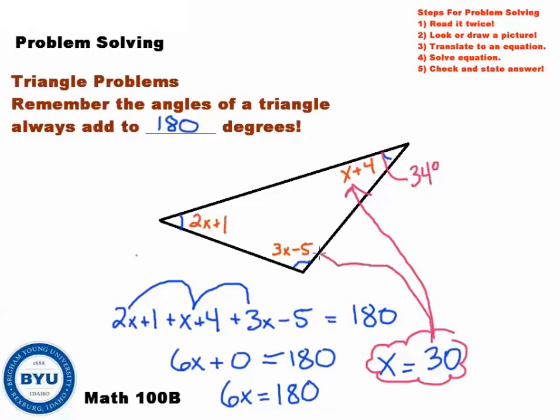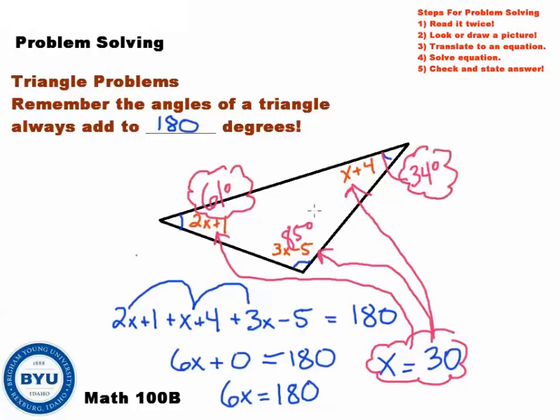And if we came to this one here, we would do 30 times 3 minus 5, and we find out that this one here is 85 degrees. And if we took 30 and plugged it back in here, we'd find out that this is 61 degrees. And so our answer would be 61 degrees, 34 degrees, and 85 degrees.